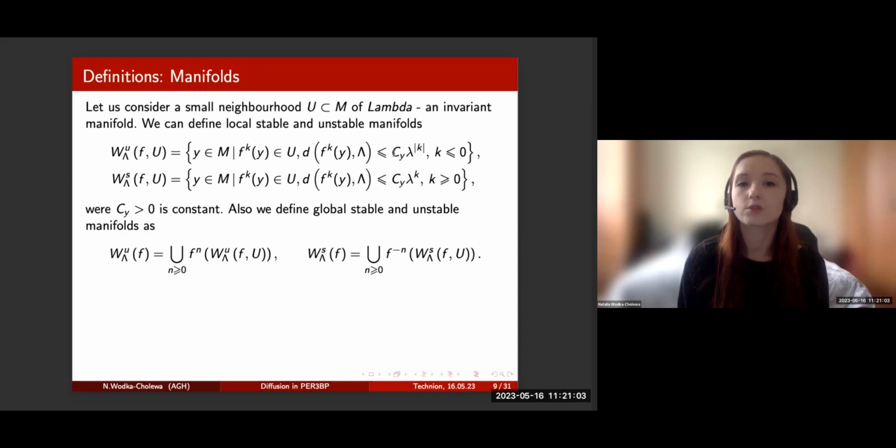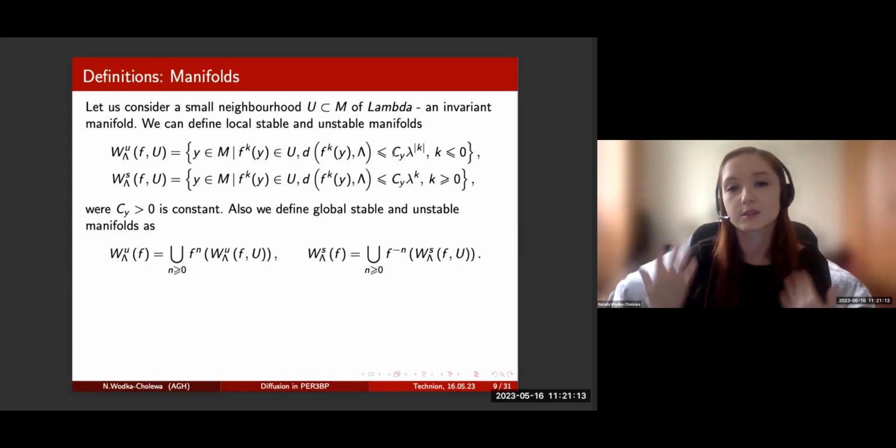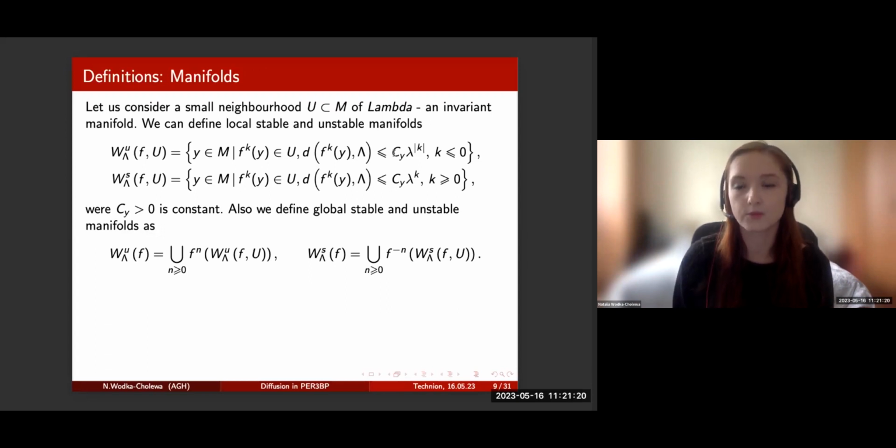Okay, and of course, similarly you have the stable manifold, and it's all points that forward in time, after some iterations, go to the neighborhood, and the distance is also shrinking. Yeah? So for unstable we always say backward in time, because it's expansion forward in time, and for stable it's contraction forward in time. We can also define global stable and unstable manifolds, and it's a union of all the images.